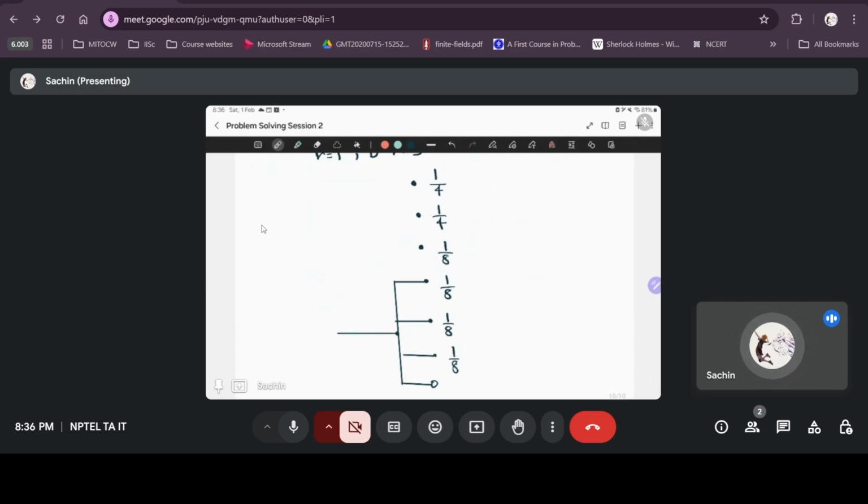Now the probability of the node connecting these vertices is 3 by 8, which is 0.375. Now in the next stages you have to connect D nodes together, where D is 4.